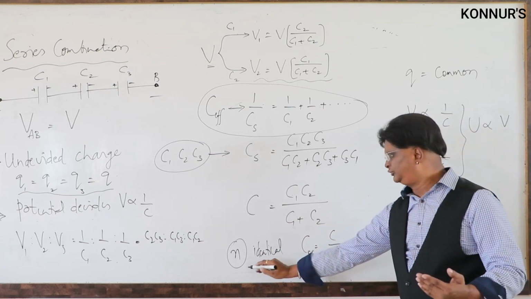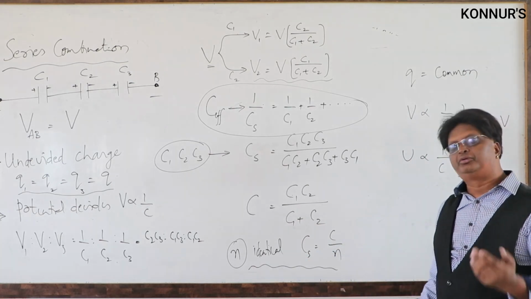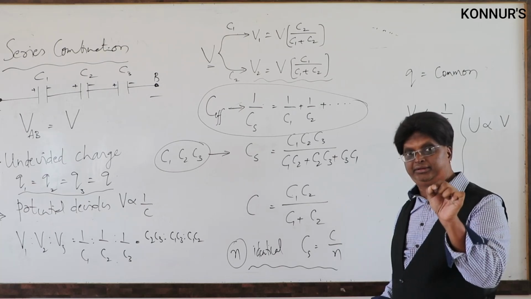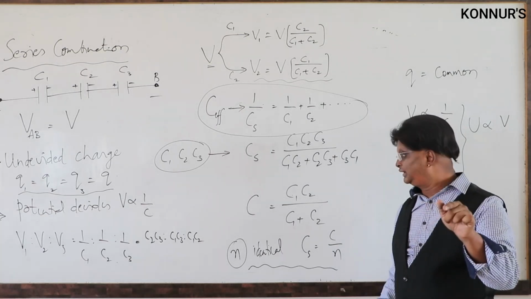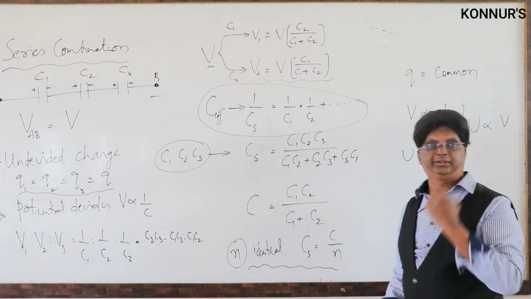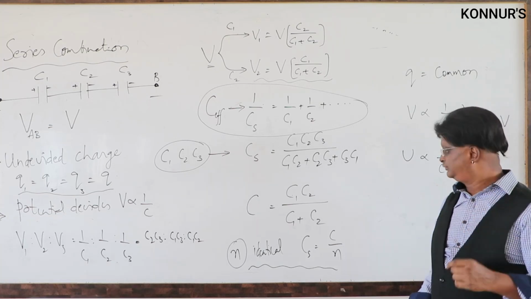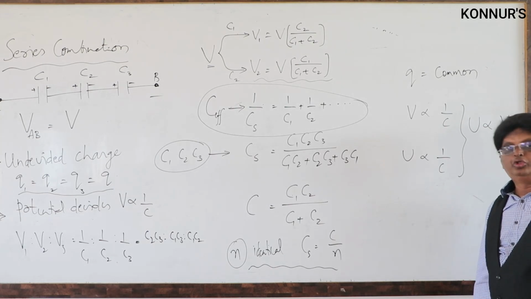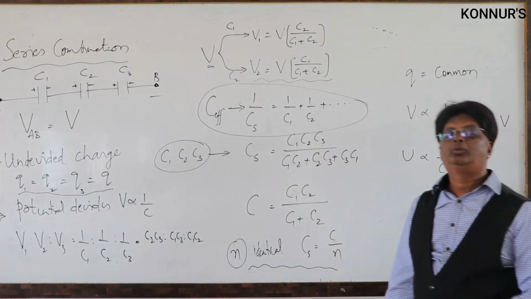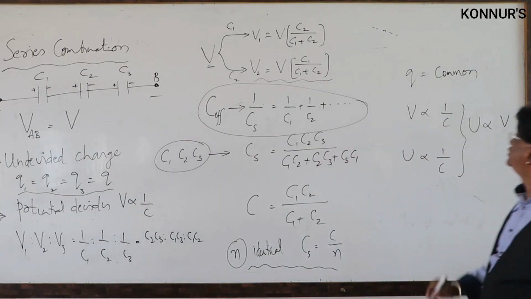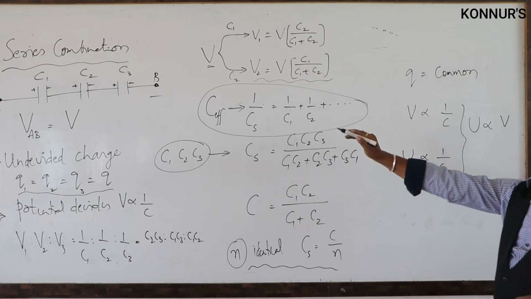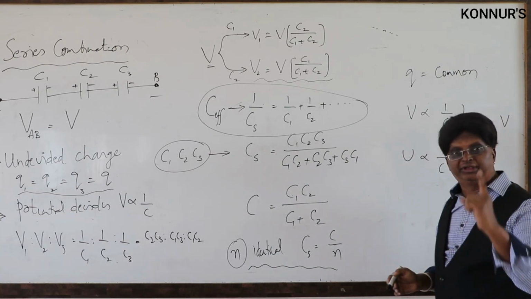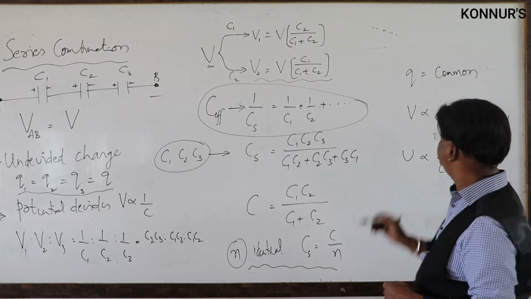And now another point, please do remember. Supposing I consider n identical capacitors, each of capacity C, all of them in series, then the effective capacity I will write as C by n. Now when you are solving the examples, one more important clue I am giving you to remember. Here, undivided charge Q1, Q2, Q3 ratio is 1:1:1, that is what you write.